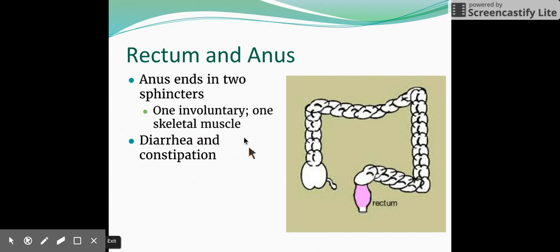Now, diarrhea versus constipation. Diarrhea is when your fecal matter has not had enough water removed. Constipation is when too much water has been removed. Diarrhea, the fecal matter is really soupy. Constipation, on the other hand, it's really thick and hard and brittle.